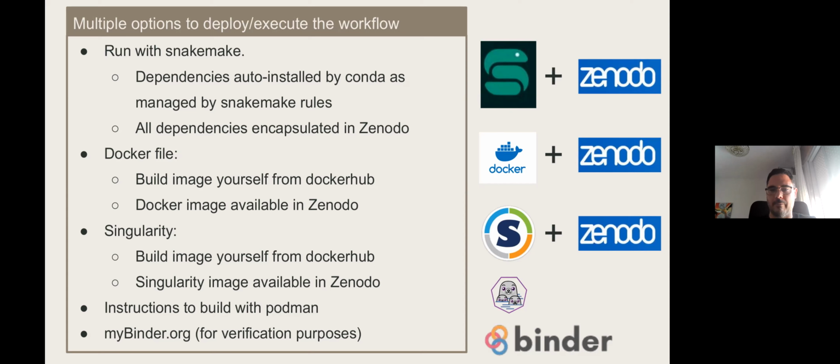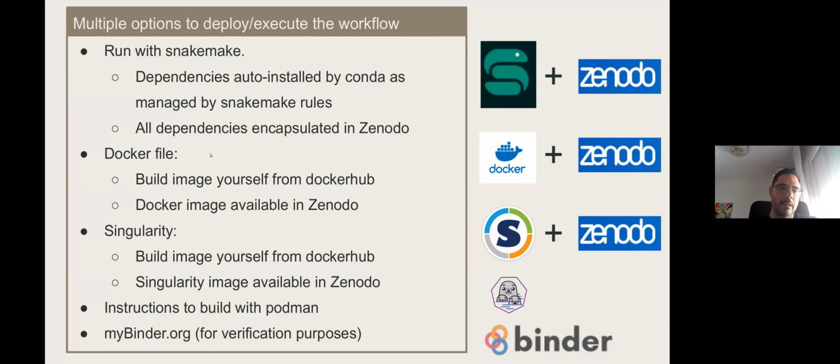One of them is just running Snakemake. You can install Snakemake, and then it will manage and install all the dependencies and run the workflow, and also handle the parallelization and everything. So it's very convenient. In case the software repositories with the dependencies are not available, imagine Conda Forge or Anaconda or anything, the dependencies are also encapsulated in Zenodo, so you don't need to access remote servers apart from Zenodo to get them.